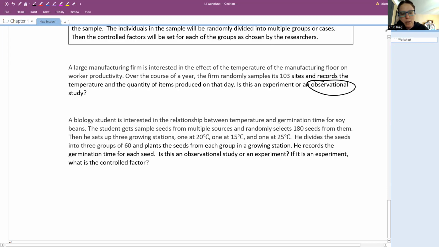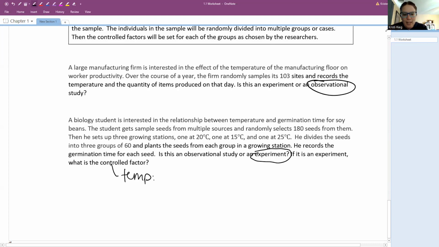Is this observational or experiment? This is an experiment because he controlled what happened to each group, and he specifically set up the temperatures. He divided them evenly and put an even number in each group and decided to see what was happening. Since it's an experiment, it has a controlled factor, and the controlled factor is the temperature in this example.